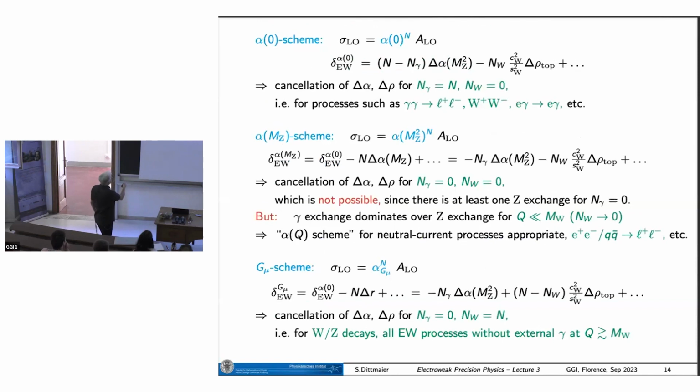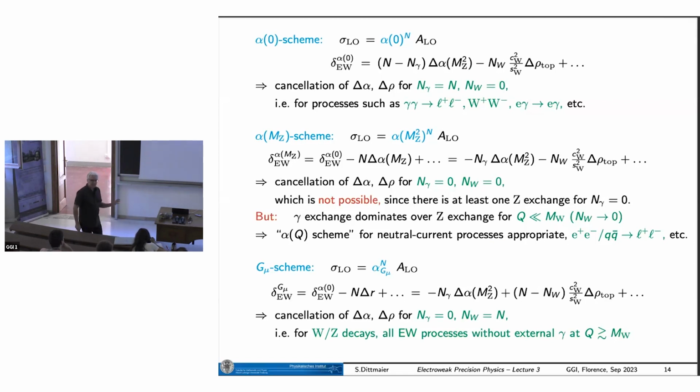So let's do it in the alpha 0 scheme. I know where the delta alpha is coming from and the delta rho. I just want to make it short. So I get, well, this universal contribution, and the scheme alpha 0 is ideal if this thing doesn't exist. That means if N is N gamma, this doesn't appear, and if I have no electroweak couplings, that doesn't appear either.